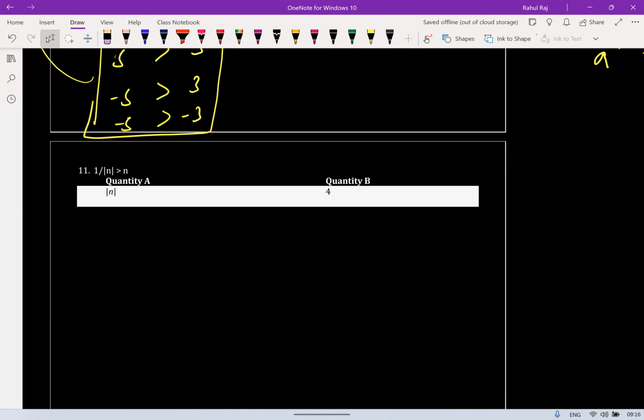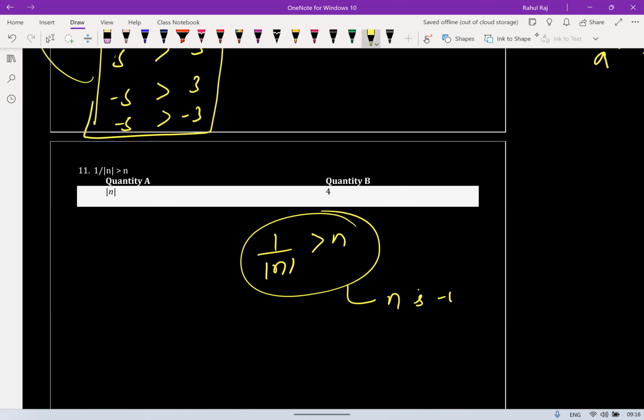For this equation to suffice, n could be any negative number. Perfect. And I tried with minus 5, for example. Absolutely. If 1 over mod n is greater than n, our simple understanding from here is that n is negative. That's beautiful. So again, the answer is straight away D.